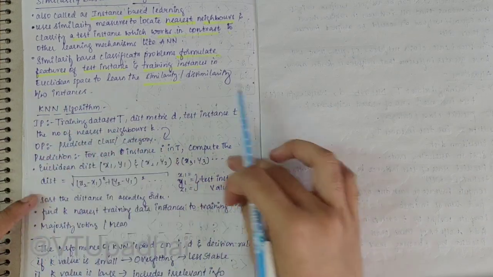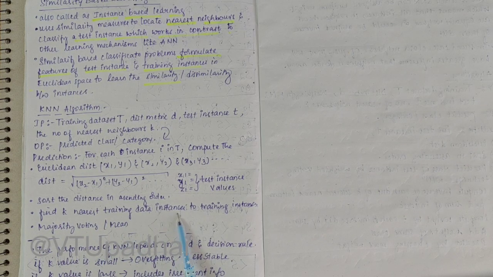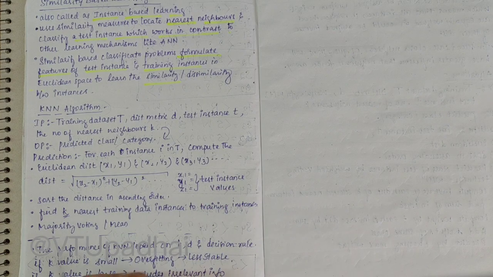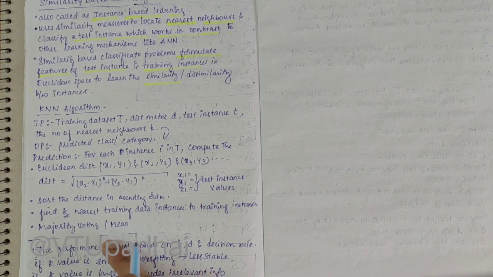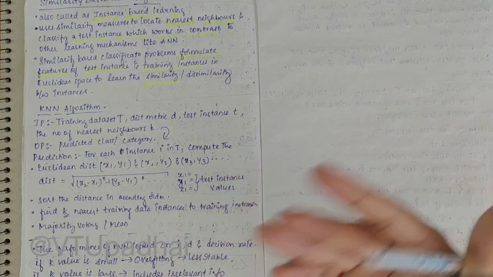After finding the distance values, we sort them in ascending order and find the nearest training instances depending on the k value. The k value would be specified in the question. After that, we perform majority voting or find the mean. Depending on this, we can identify the class or category for the given value.